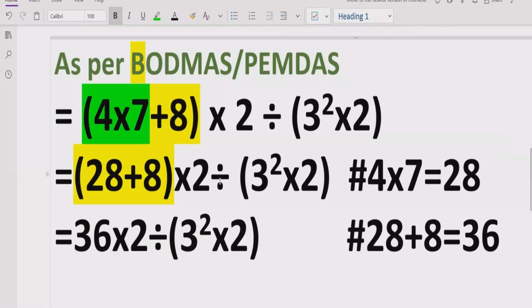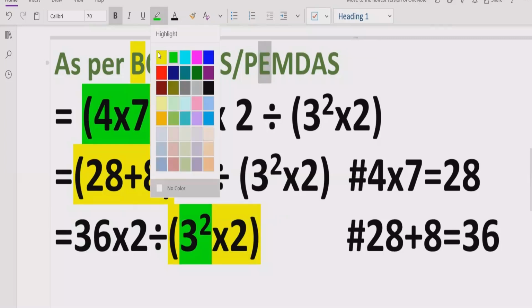Now we will go for another bracket, which is this one. But inside the bracket, we have two things. One is the order or exponent part, and another one is multiplication. So first we have to solve the exponent part, which is this one, according to the rule.